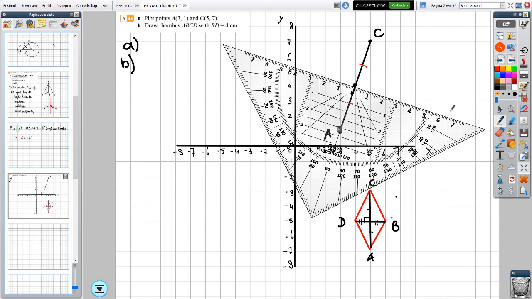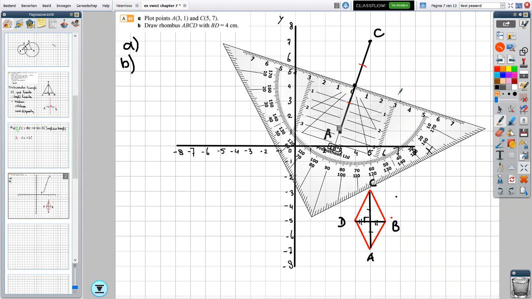And since it is going to be equally divided between the part to the right and the part to the left, I know I should have 2 centimeters here. And you see that I'm a bit too low. I'm going to move it a bit up. It should be 2 centimeters here, 2 centimeters on the other side.